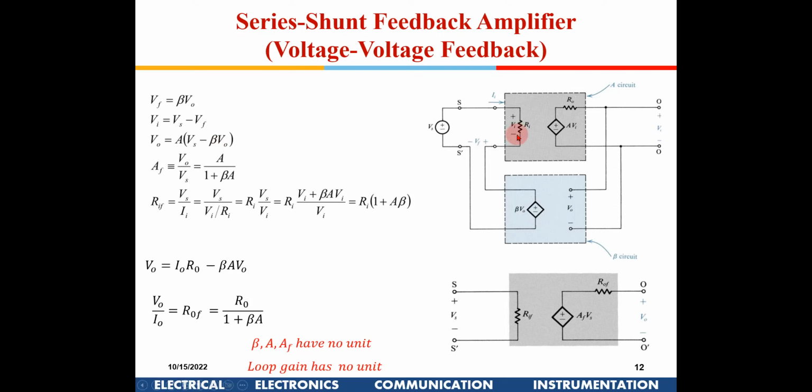No, see, V out is A into Vi. Vi is this voltage, right? That voltage is Vs minus Vf, and Vf is beta V0. Is it okay?